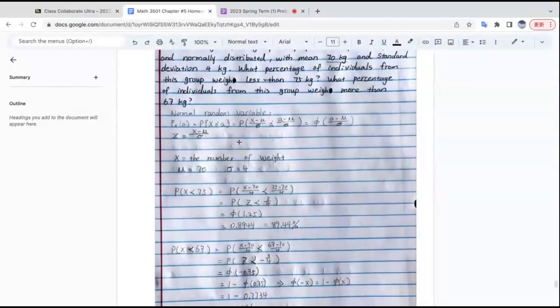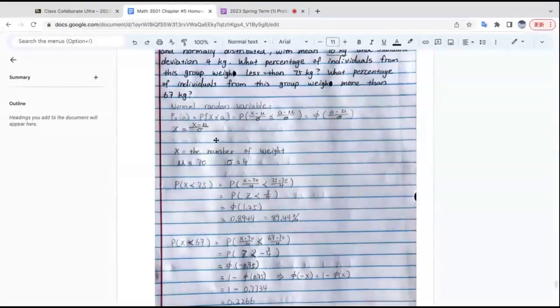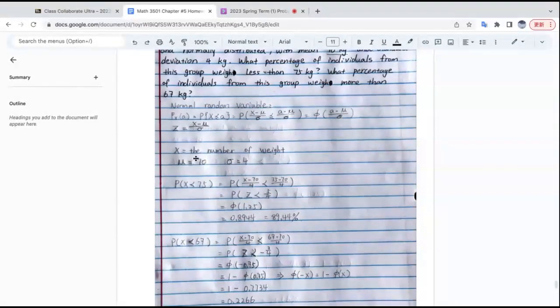So in this question, we use the normal random variable, where the probability of X less than or equal to a is equal to Phi of (a minus mu) over sigma, and Z is equal to (X minus mu) over sigma. X here represents the weight. The mu, which is the mean, is equal to 70, and sigma is equal to 4.